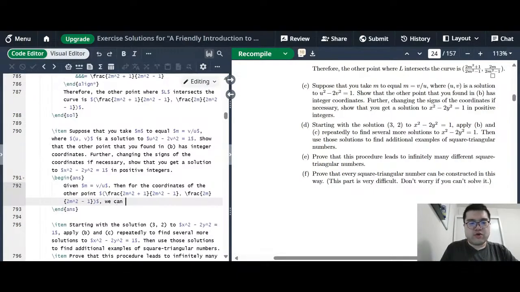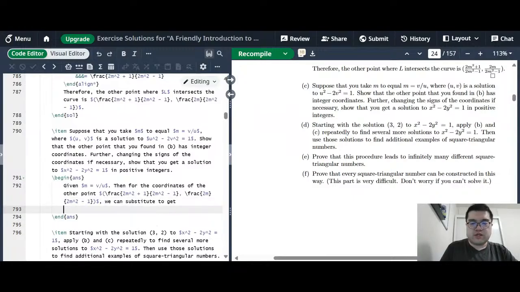We can rearrange, oh, not submit, substitute. Yeah, substitute with a T at the end. Substitute to get. So here it comes.